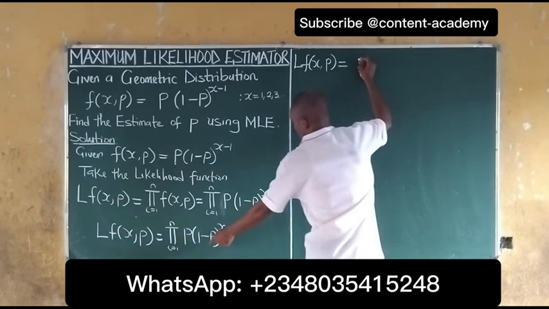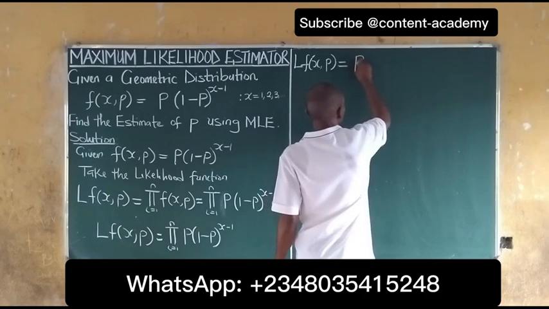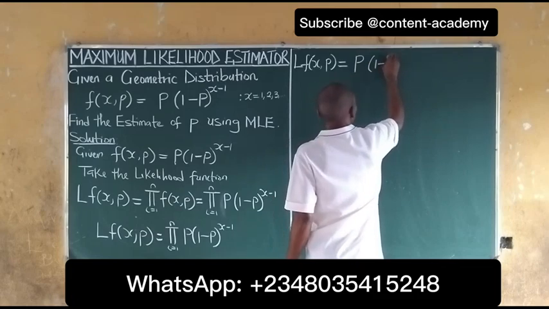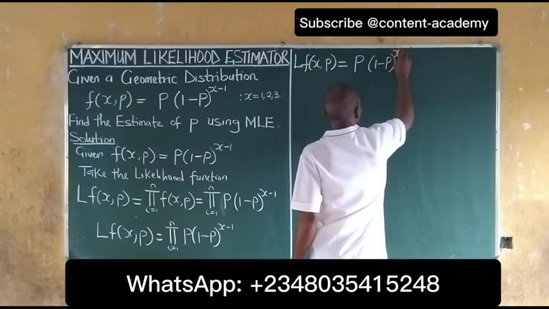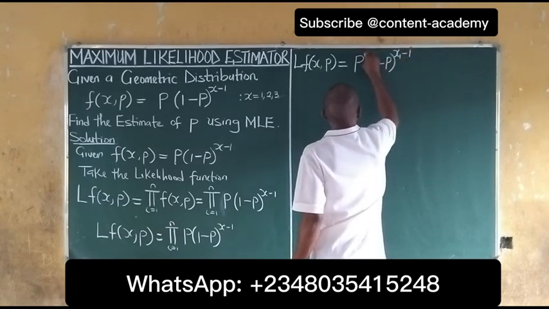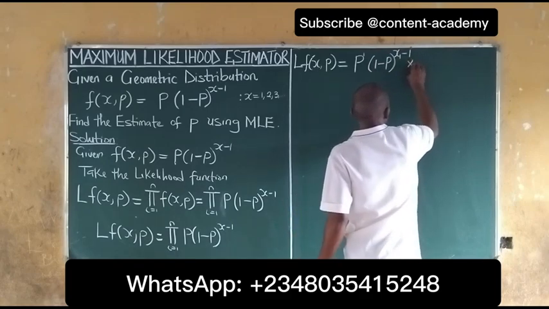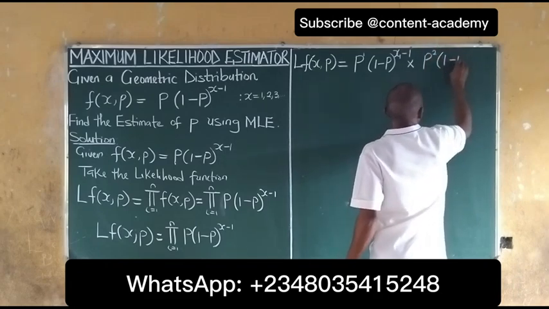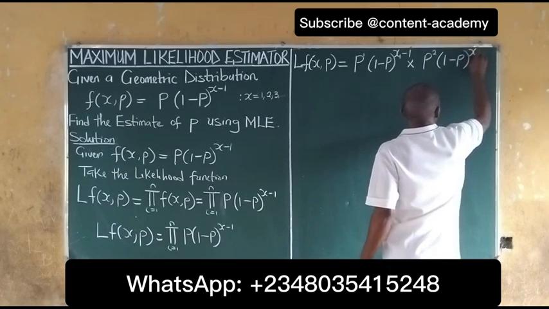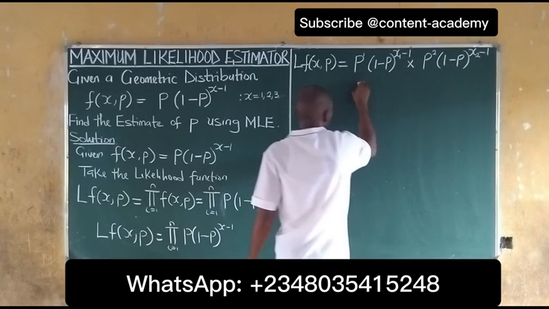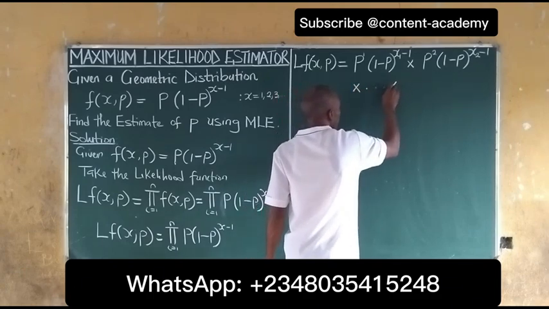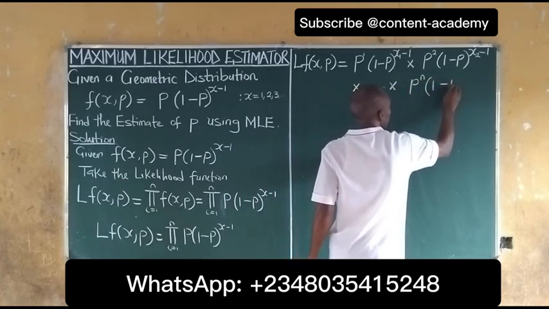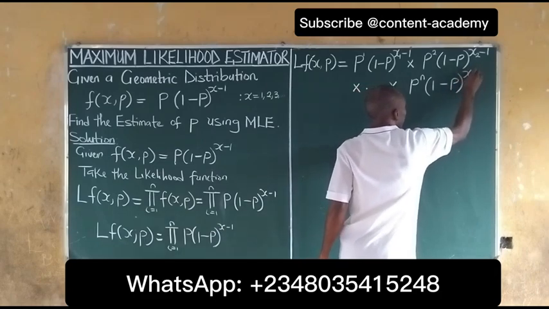Now, the product of this will give us, the first one is p times (1 minus p) raised to the power of x1 minus 1, multiplied by the second p, times (1 minus p) raised to the power of x2 minus 1. Then it continues like that to give us p raised to the power of n, times (1 minus p) raised to the power of xi minus 1.